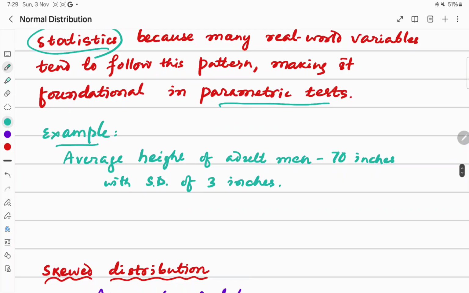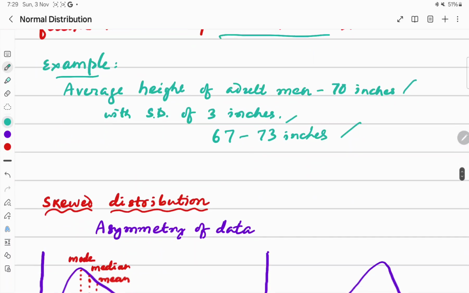For example, the average height of adult men in a certain population is, say, 70 inches, with a standard deviation of 3 inches, so the height will vary from 67 to 73 inches. Such types of data are called following normal distribution.